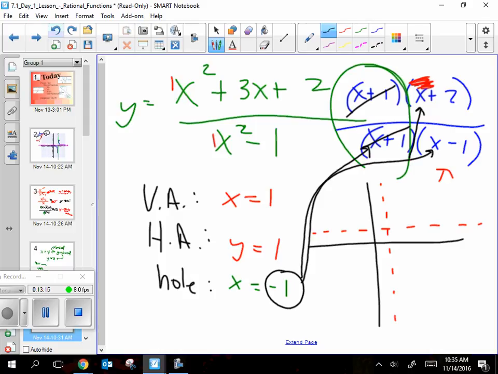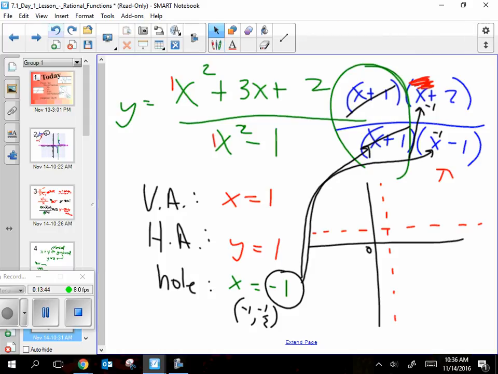And then I'd have negative 1 plus 2 is 1, over 1 minus 1 is negative 2. 1 over negative 2 is negative 1/2. This hole is at negative 1 comma negative 1/2. And that means it's down here. There's a hole, an empty spot, an absence of point.